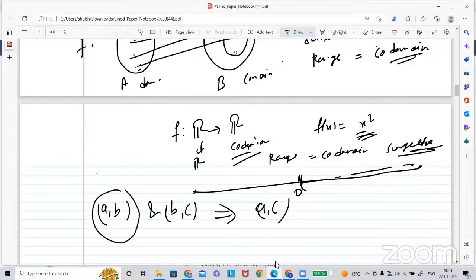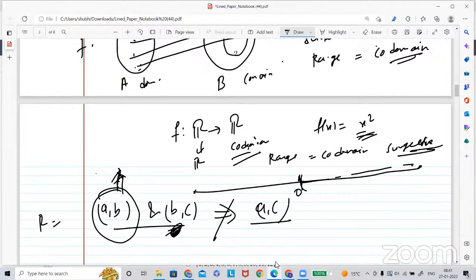But many times you are following only this one, not this one. So still your relation is supported by this transitivity. Is that clear? If it is not following, in that case, you will say your relation is not transitive.